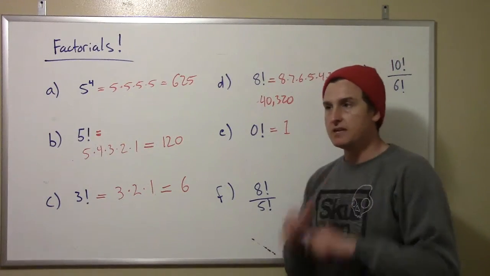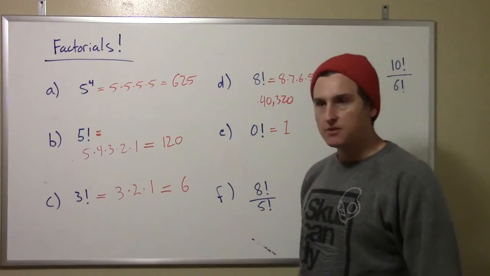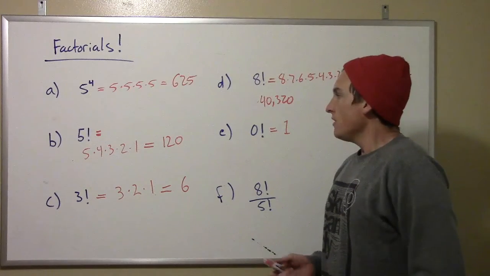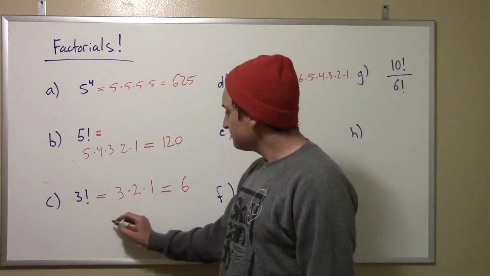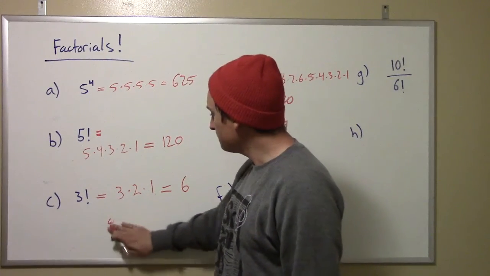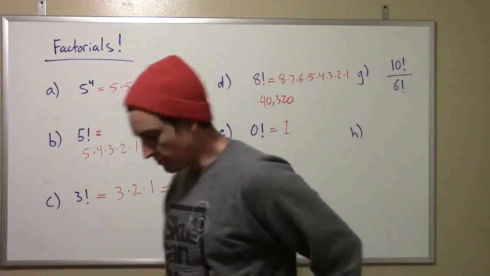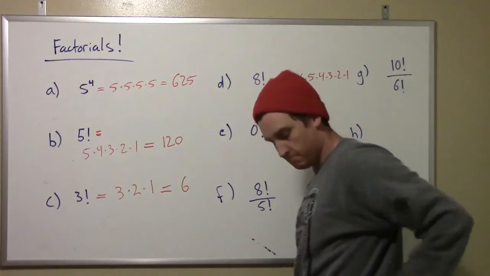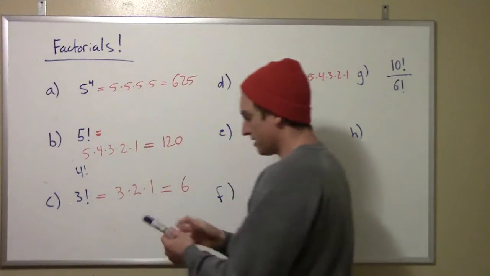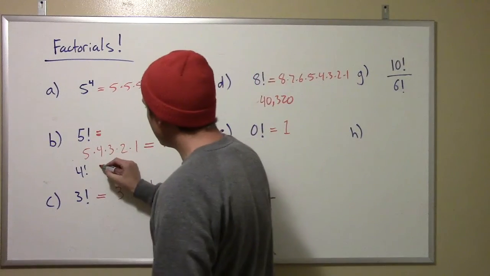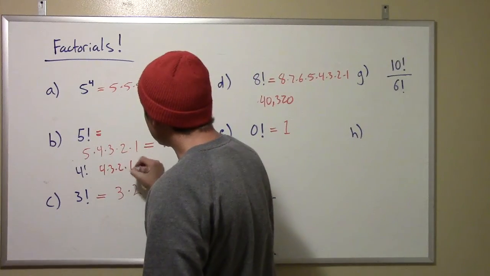Okay? Now you might be thinking, that's crazy, because 0 times 0 is 0. Well, let's look at a couple examples here. Let's add a 4 factorial in here real quick. So 4 factorial, not one of our problems here, but it would be 4 times 3 times 2 times 1.